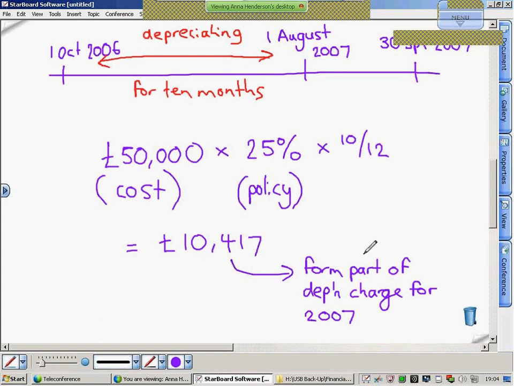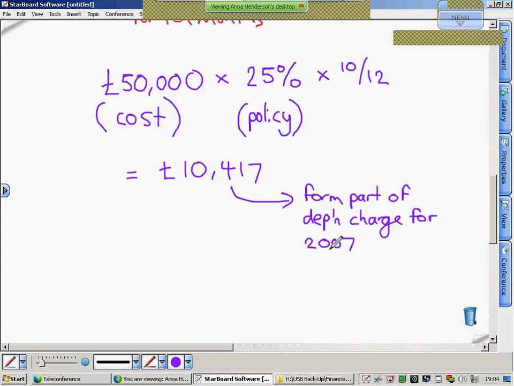Park that for a moment. When we count depreciation later in the question we will need it, but we just wanted to work it out now.